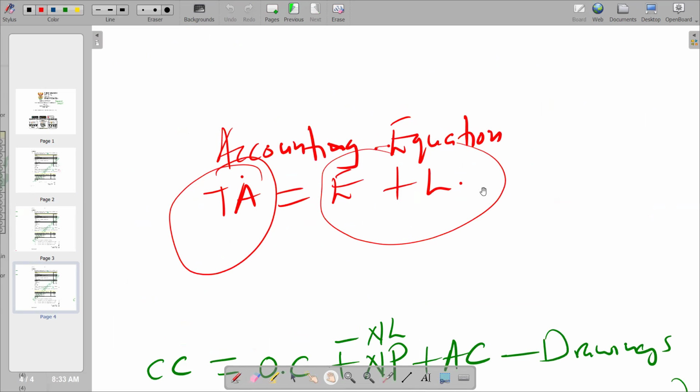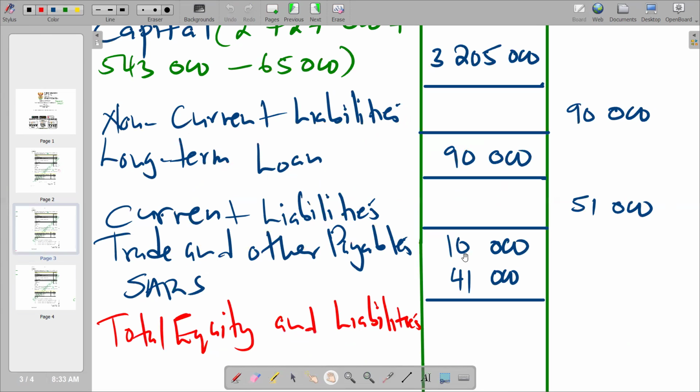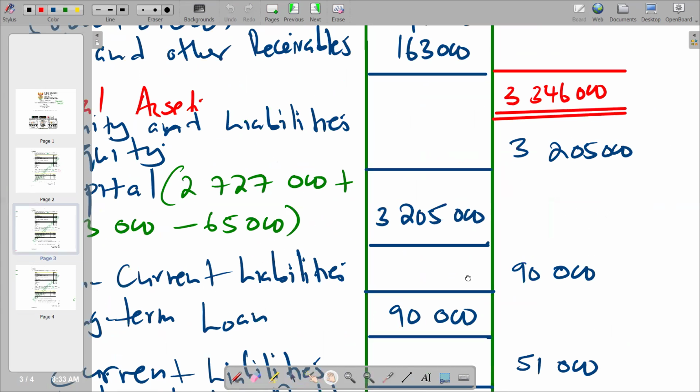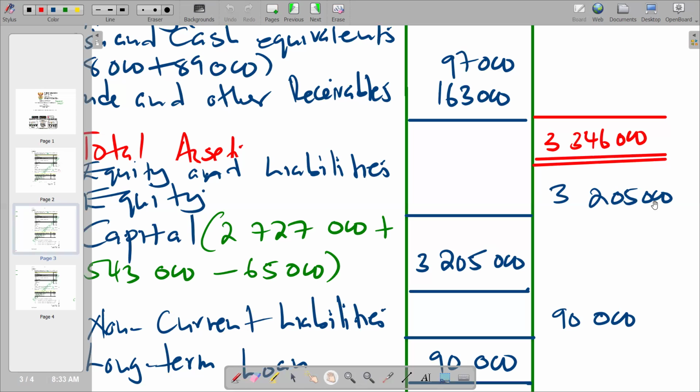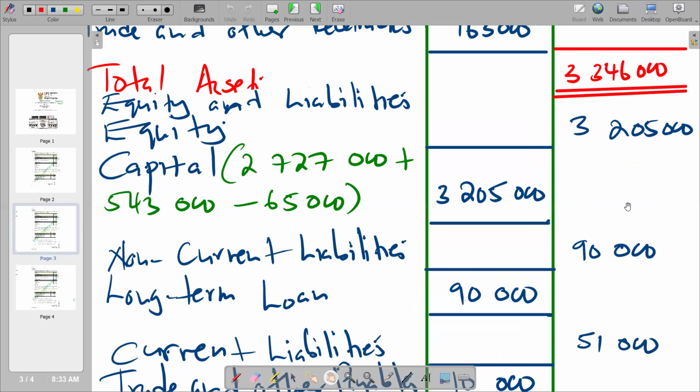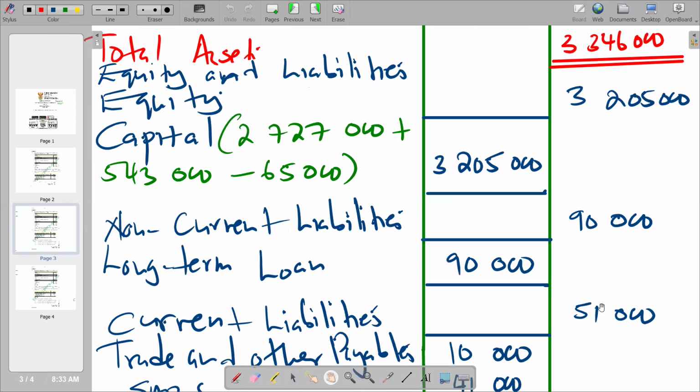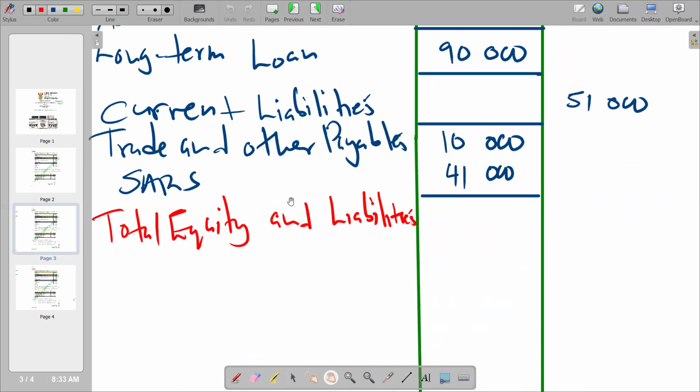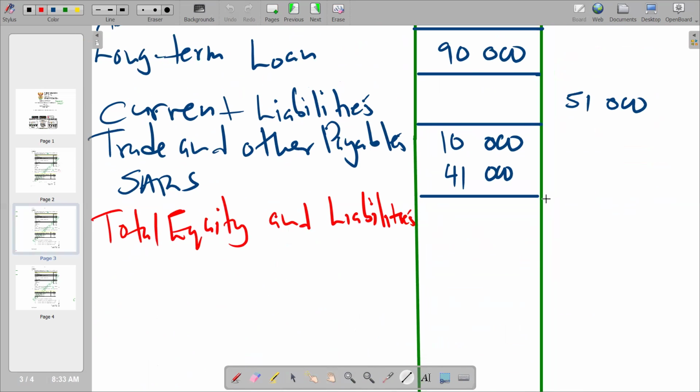So the equity and liabilities total is this side. It's supposed to be equal to the total that we got for total assets. So for equity and liabilities, we're going to add our equity figure, 3,205,000, plus our liabilities figure, 90,000, and we add again 1,000. And then we get a total, which is supposed to come here, to be the second balancing figure.